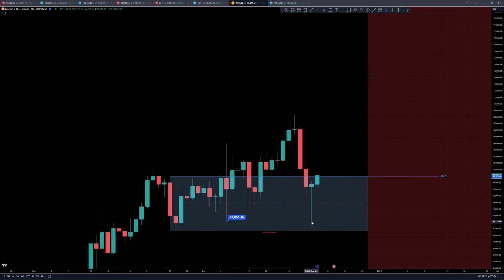Wo ist der Preis hier? 92.115,66. Das bedeutet, dieser Orderblock ist von dieser Korrektur nicht invalidiert worden.